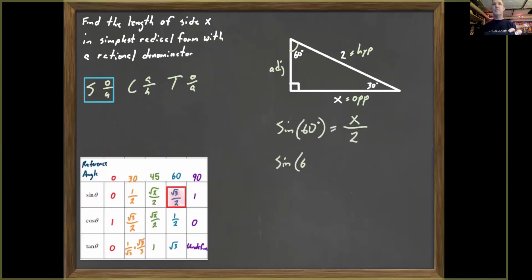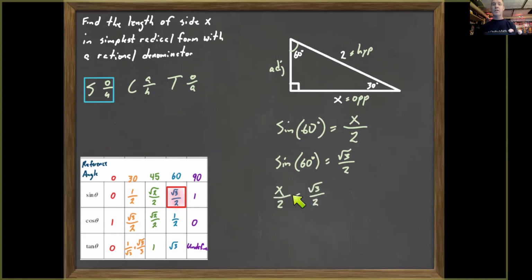So it's the sine of 60 equals x over 2. But I know the sine of 60 equals radical 3 over 2. So it's just a matter of setting those two things equal to each other. So x over 2 equals radical 3 over 2. Well, I could cross multiply, but I could just multiply both sides by 2.